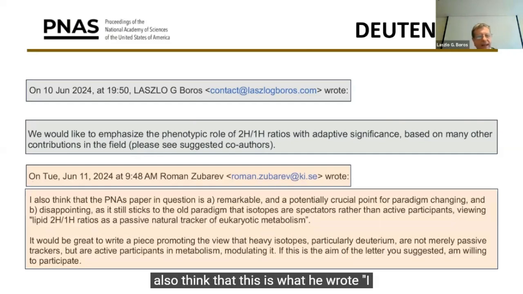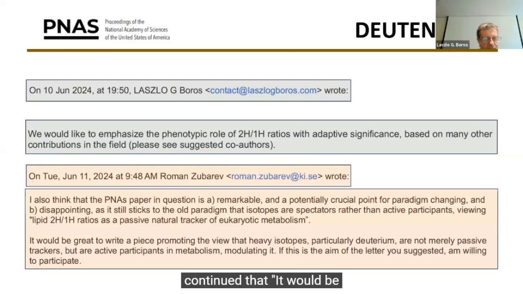He wrote: "I also think that the PNAS paper in question is A, remarkable and a potentially crucial point for paradigm changing, and B, disappointing, as it still sticks to the old paradigm that isotopes are spectators rather than active participants, viewing lipid deuterium-proton ratios as a passive natural tracker of eukaryotic metabolism." So his views went off, apparently, and rightfully.